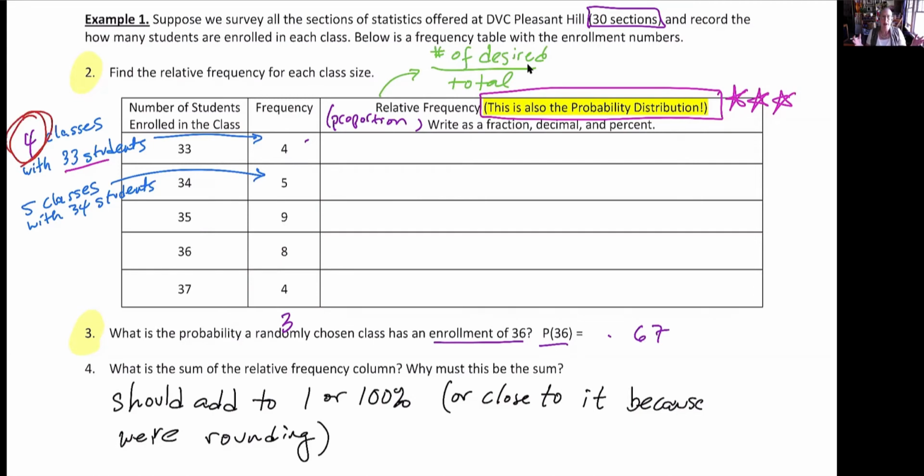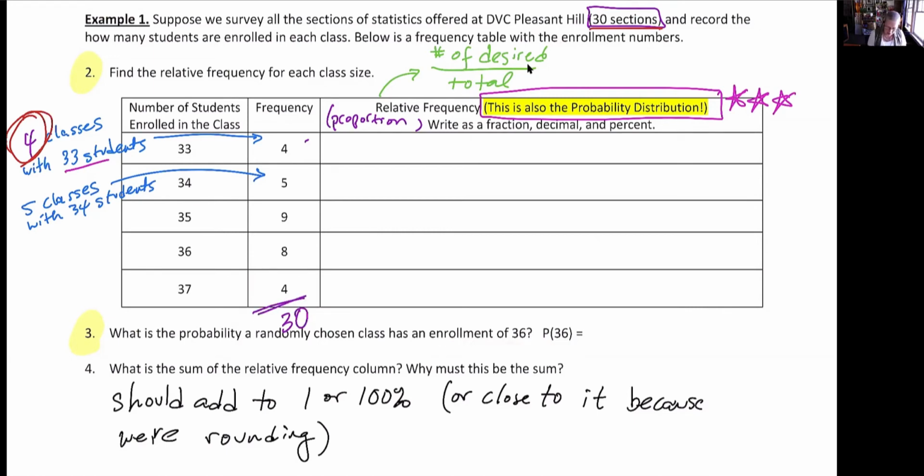We did a survey of all the statistics sections offered at DVC. We have 30 sections, and we recorded how many students were enrolled in each class. So there were 4 classes that had 33 students, 5 classes with 34 students, etc. So the relative frequency, remember, is the number that fits that category divided by the total. And we're told up here that there's 30 sections. So we know if we add up this frequency, that's going to equal 30.